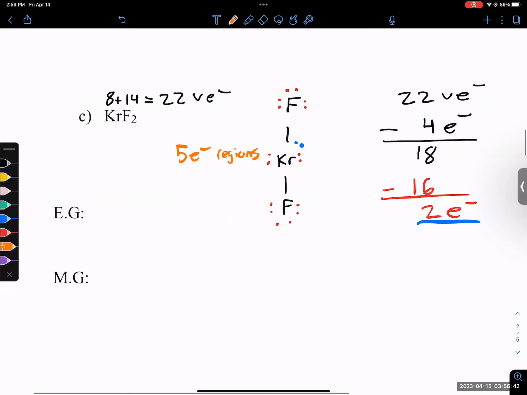Exactly. So trigonal bipyramidal. I hate spelling this one. Pyramidal.